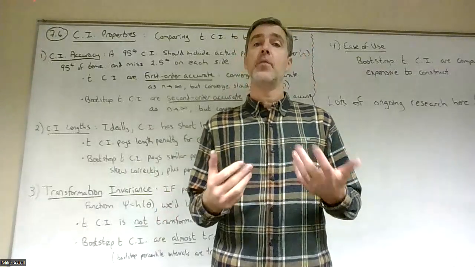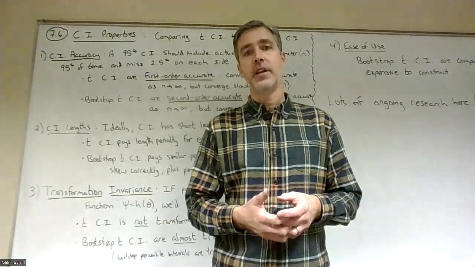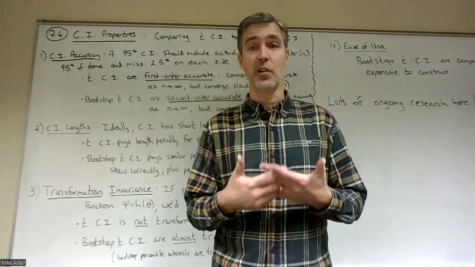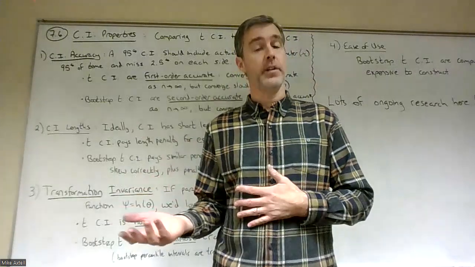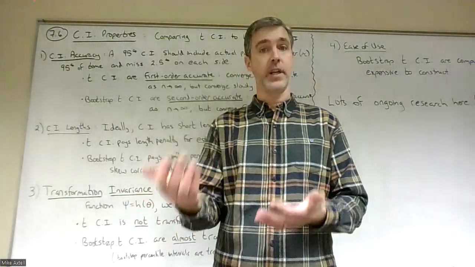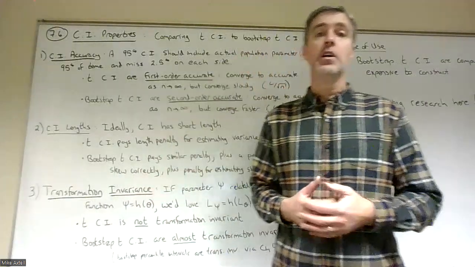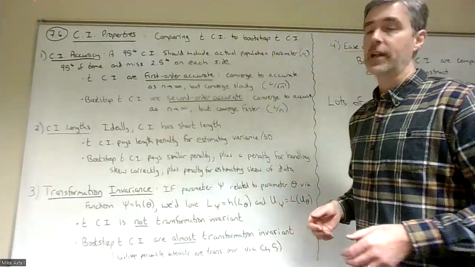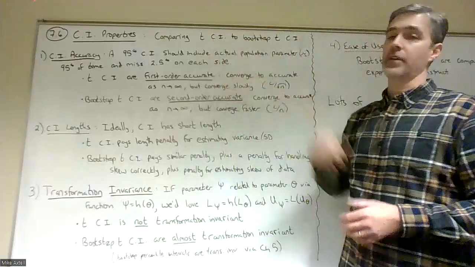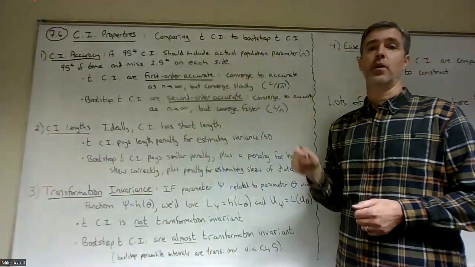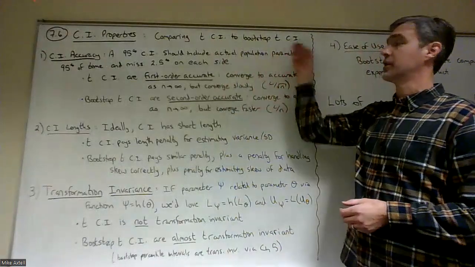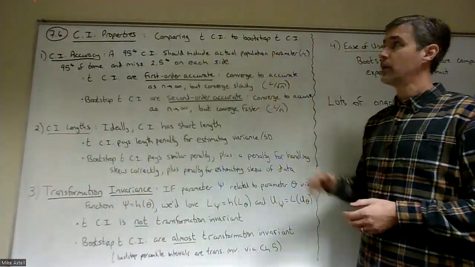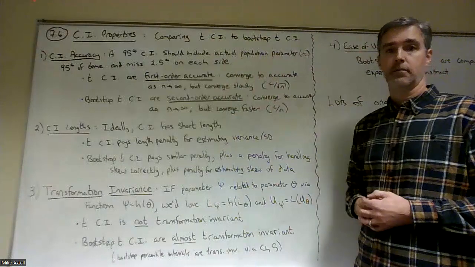Okay. And then we asked, well, what happens if our population or our data doesn't look symmetric? Well, then we introduced the bootstrap t confidence interval to try and handle that. And that was section 7.5. Okay. So on this panel, we're going to compare a t confidence interval, so that would be section 7.1, method 2, with the bootstrap t confidence interval, that's section 7.5. Okay. So why don't you pause, copy, play.